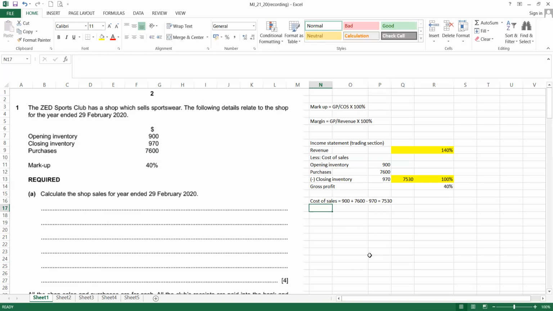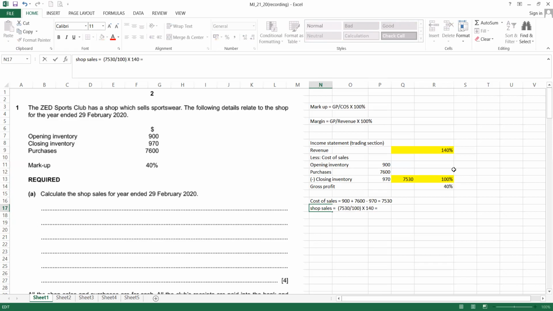Then you say the shop sales is the amount that we need to find, and we know this is equal to 140%. Using the mathematical concept, we take 7,530 divided by 100% and then times 140%. So we will get the amount.